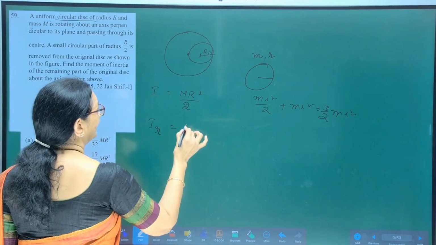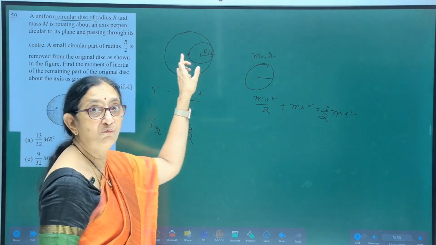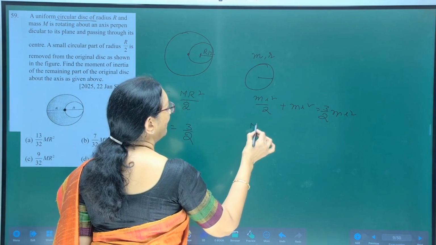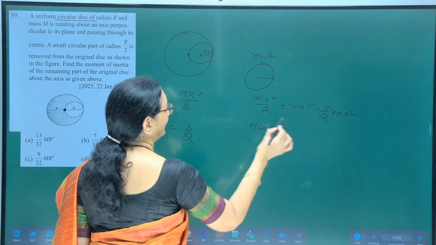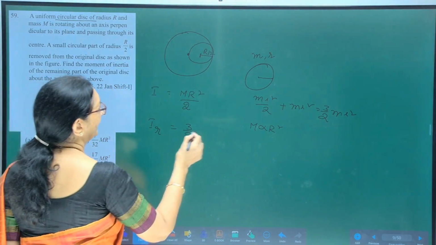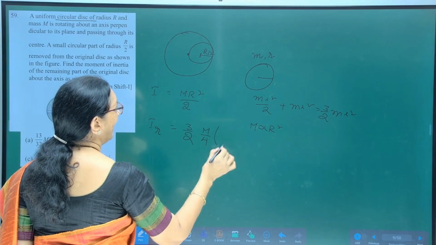So, here 3 by 2, mass of the removed part is 1/4 the initial mass, because this is a disc, mass proportional to r square. As the radius is half here, mass becomes m by 4.